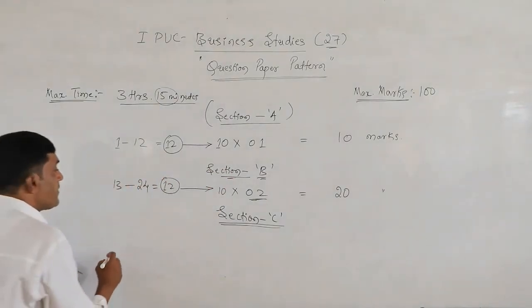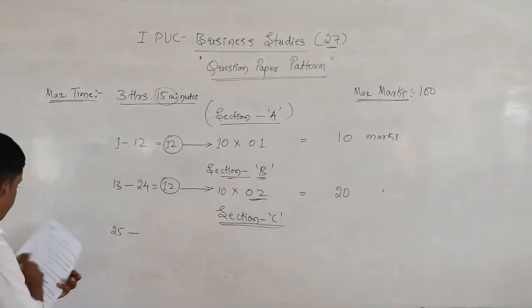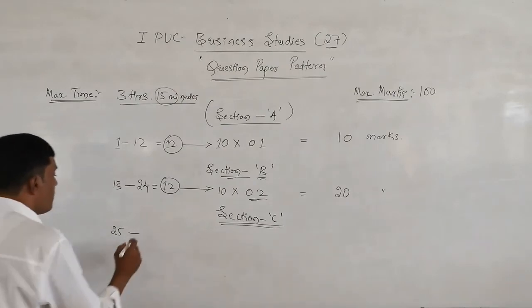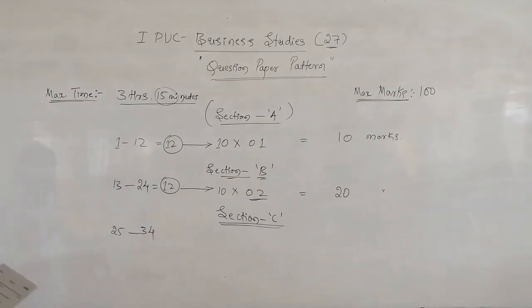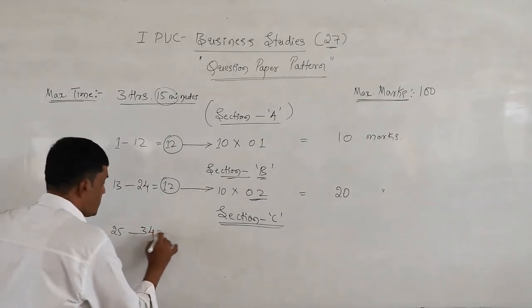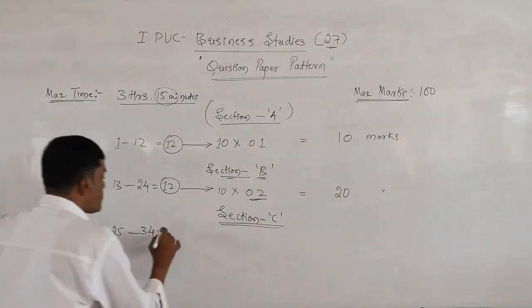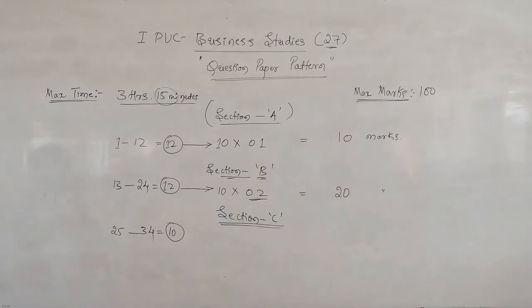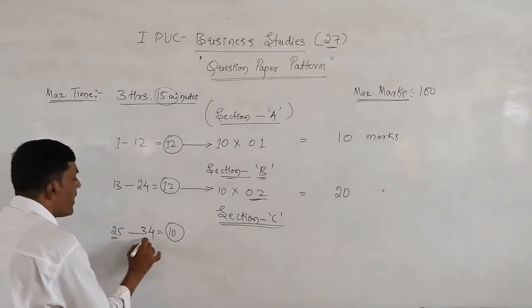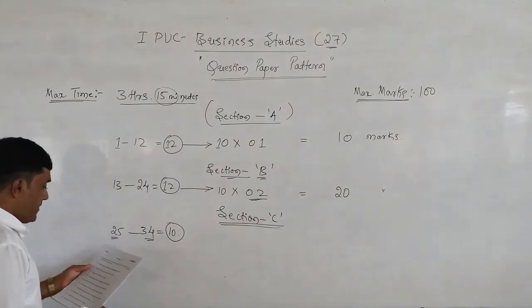It starts with question number 25 and ends with 34. Total 10 questions will be asked. Very important: section C commences with question number 25 and ends with 34.